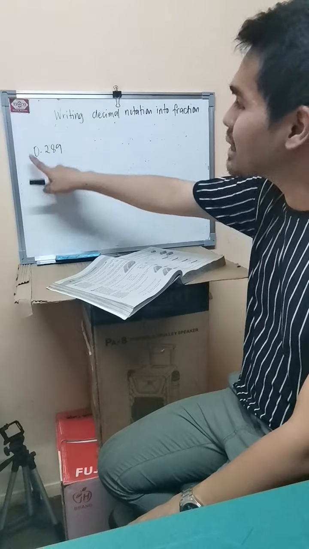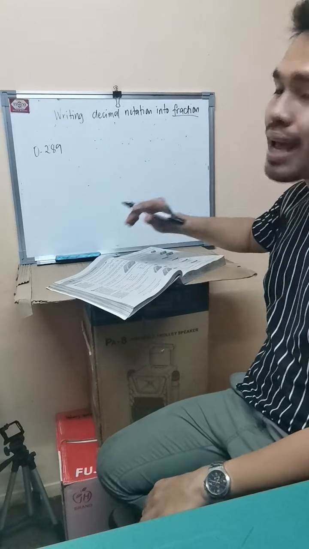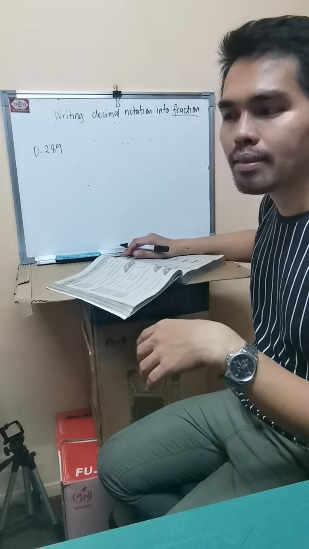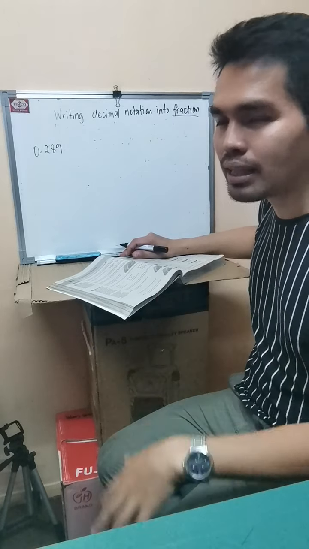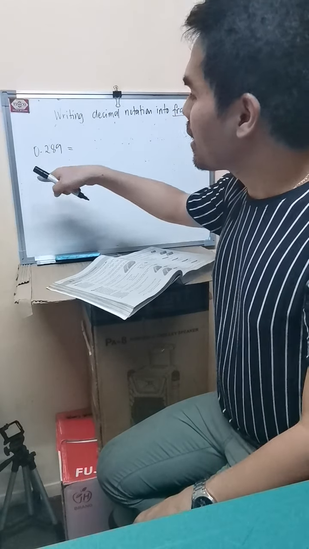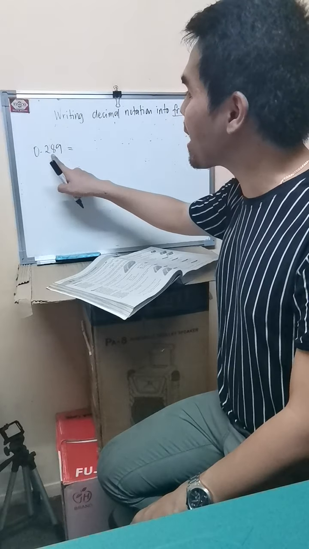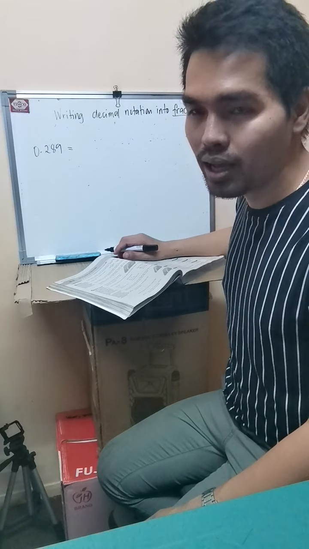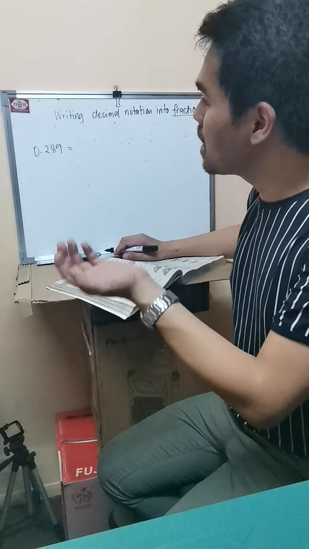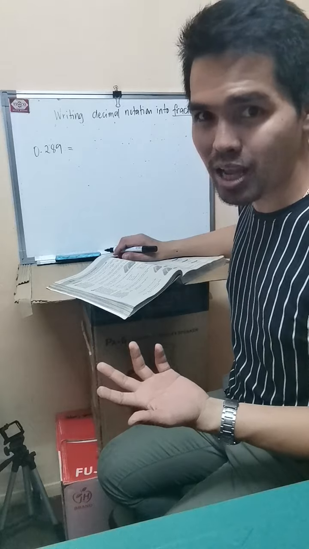So we are going to rewrite this decimal notation into fraction. Okay? It's its equivalent in fraction form. You know here, the places of value, how many places of value there are in the decimal part, is equivalent to the number of zeros in the denominator.